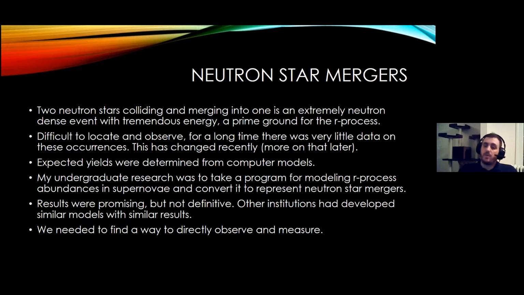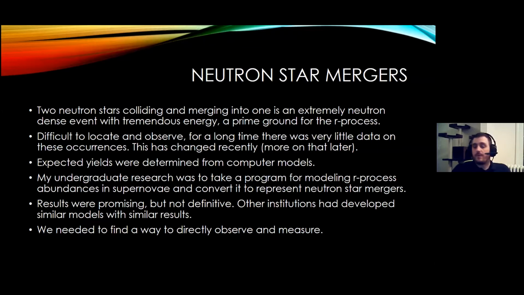My task was to take that piece of code and adapt it so that it would work with information from these neutron star mergers. I was given a group of trajectories of neutron star mergers, different paths that they would take in colliding with each other.